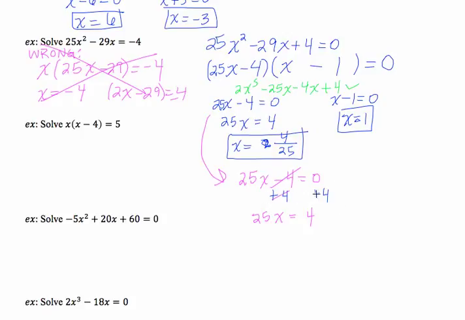If you're not there, just start weaning yourself away from it. Okay, if you have a minus 4 on one side, you add 4 to both sides, it's going to become positive 4 on the other side. Or if you divide both sides by a number, you should be able to see in your head what it's going to look like, how this is going to be 4 over 25 without actually having to write over 25 over 25 every single time.